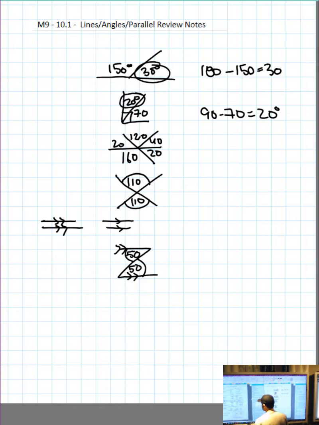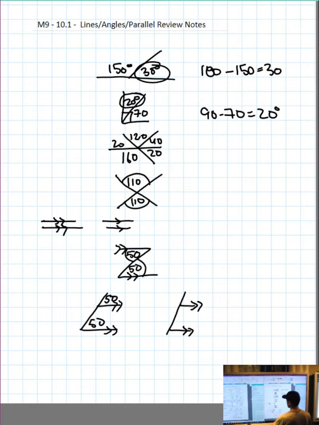So now let's take a look at two versions of corresponding angles. Let's take this diagram and this diagram. Let's take some parallel lines. If this angle is 50, I know this one is 50. They look the same, they're parallel, they're the same.